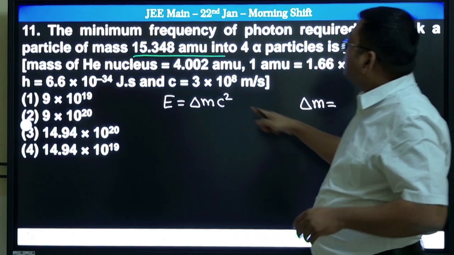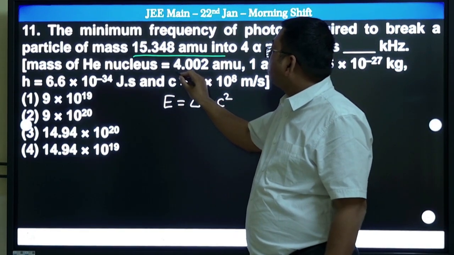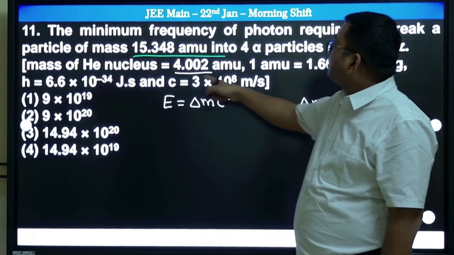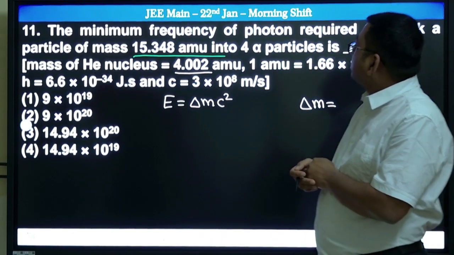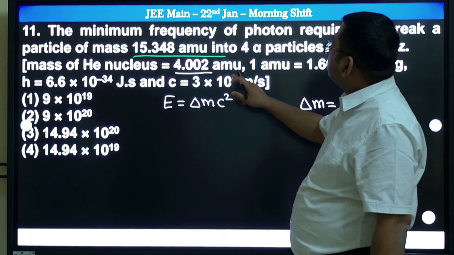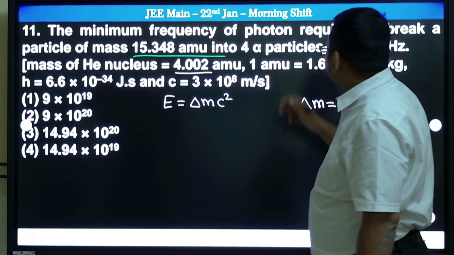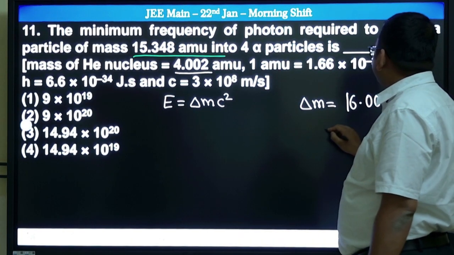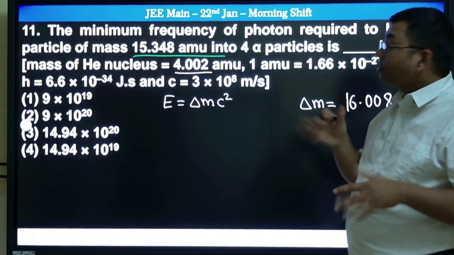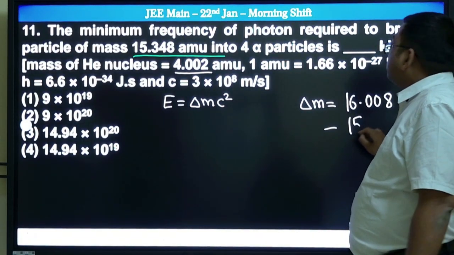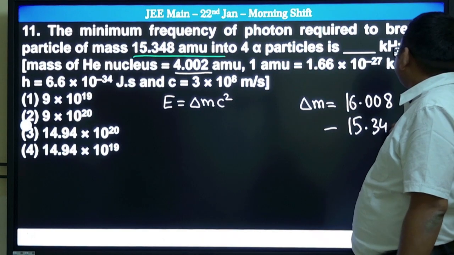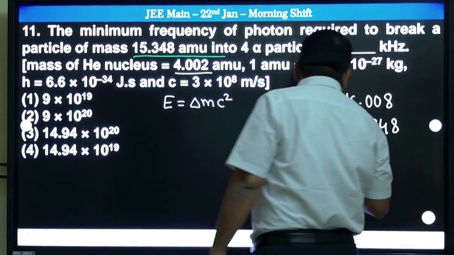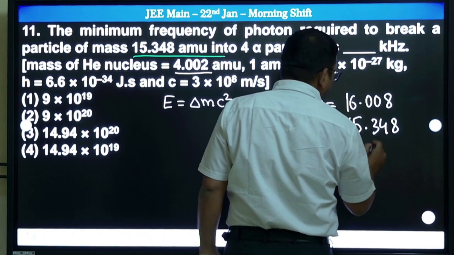4 alpha particles means helium nucleus, and 4 times if you do, it will become 16.008, right? Minus this mass which is given, you subtract that. 15.348. So how much will this come in atomic mass unit? Calculate.